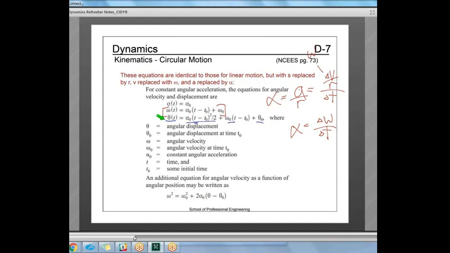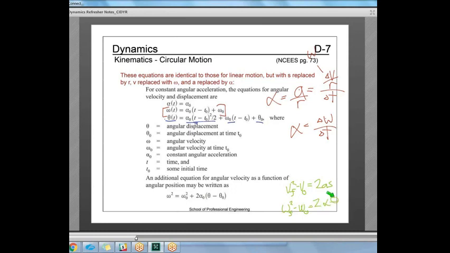Here's s, turned into a theta, equals s naught plus v naught t plus 1/2 a t squared. So the blue equation is still there. It's just been divided through by radius to make it look like a rotational equation.